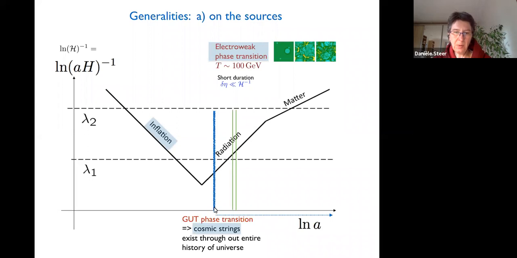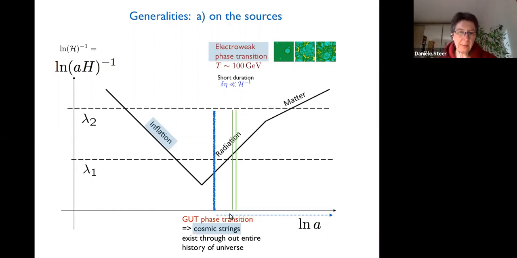It's going to be a source in the form of cosmic strings, and the difference between cosmic strings and the electroweak phase transition is that whereas this one is thought to be short duration, cosmic strings exist throughout the entire history of the universe. So it's a source which will be present the whole time, even until today, always generating gravitational wave perturbations, and hence possibly generating a stochastic gravitational wave background.